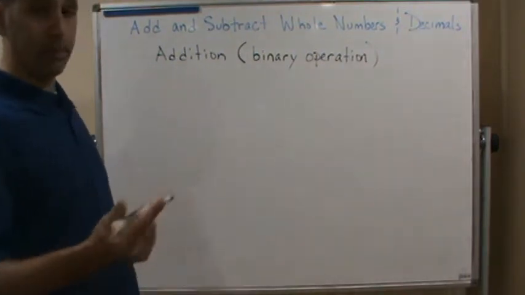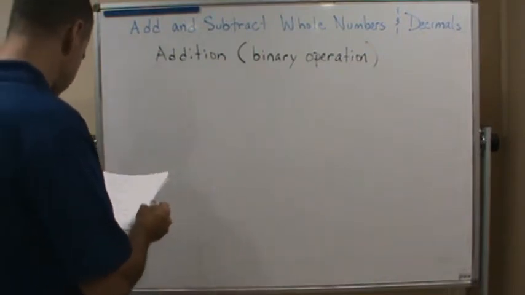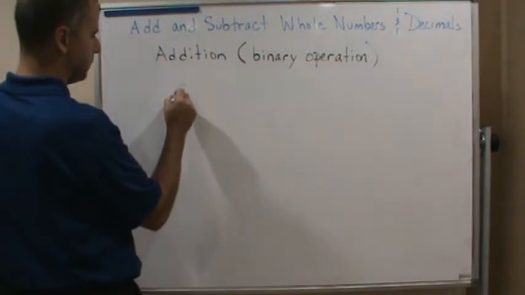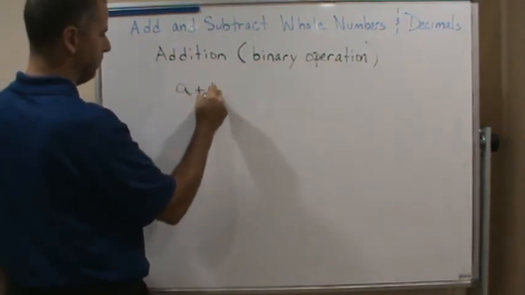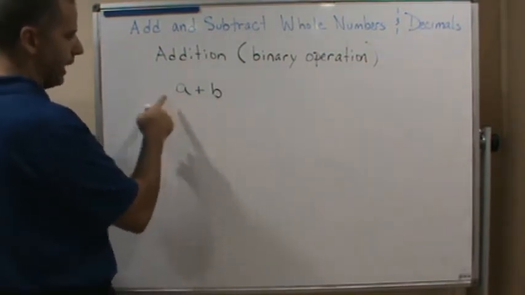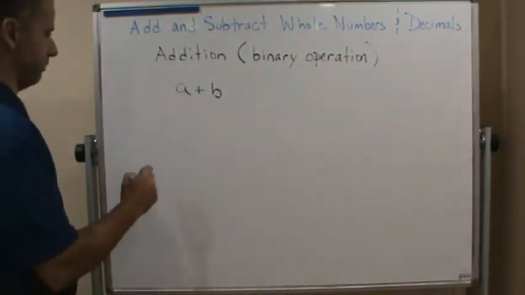The two numbers that we add, A plus B, let's say A and B are two numbers, are called the addends.